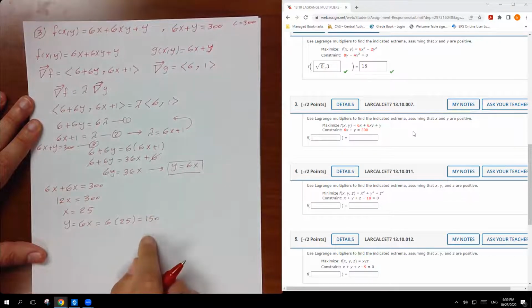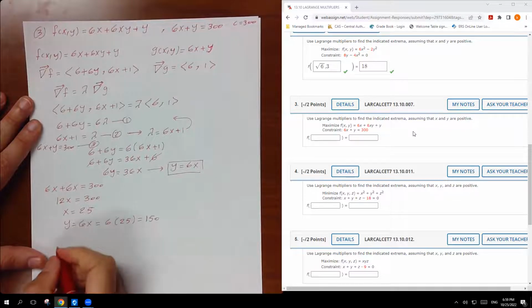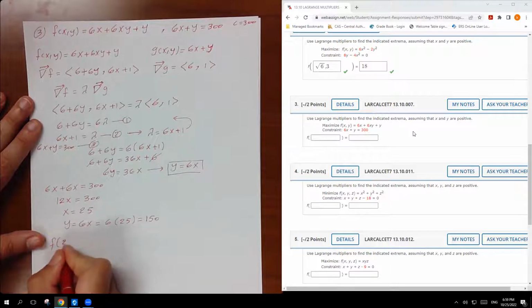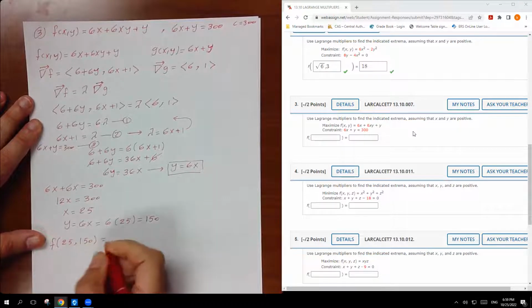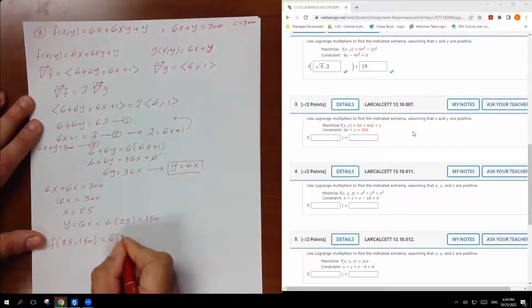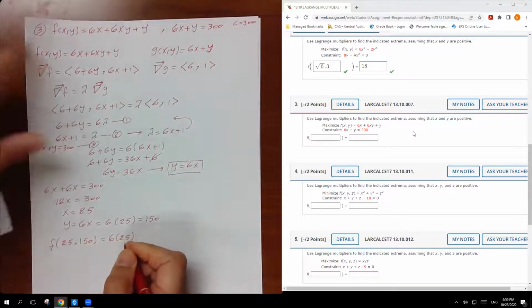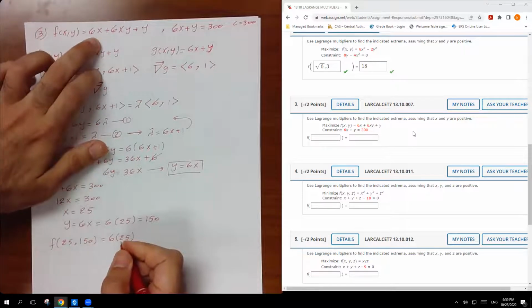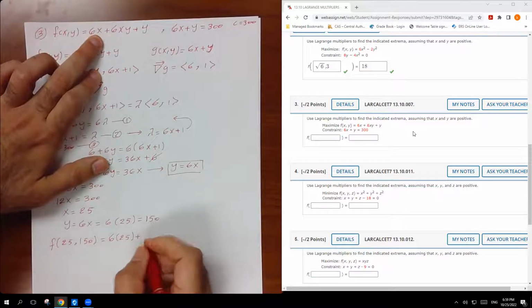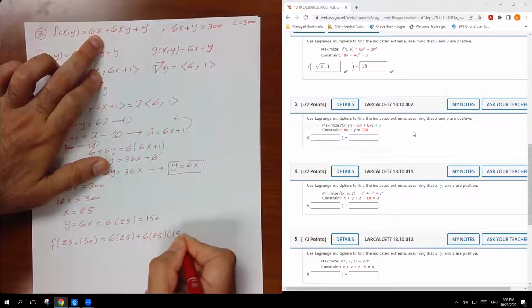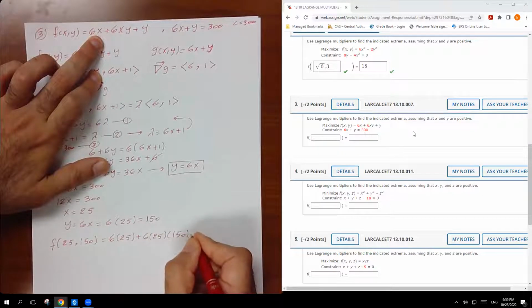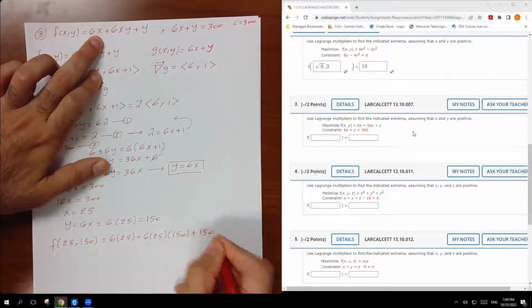So y is 150, x is 25. So f of 25 and 150 is going to be 6 times 25 plus 6 times 25 times 150 plus 150.